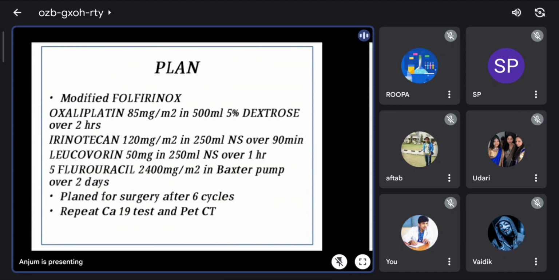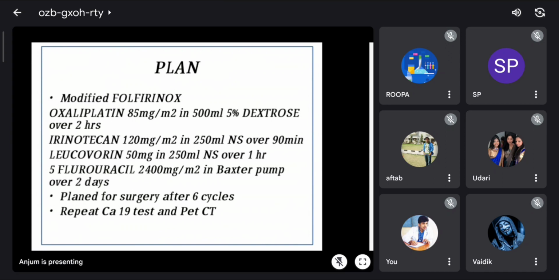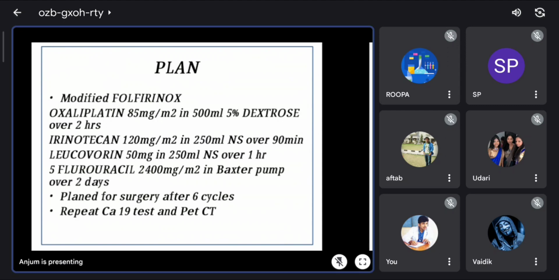In this 240 ml, 70 ml was the drug. How much is remaining from 240? I have put 70 ml. What will be remaining? 170 will be remaining.